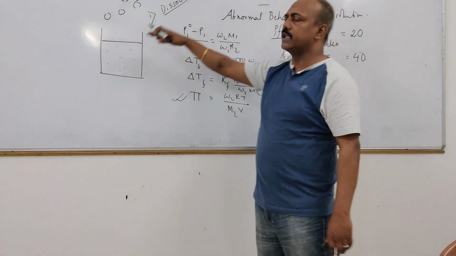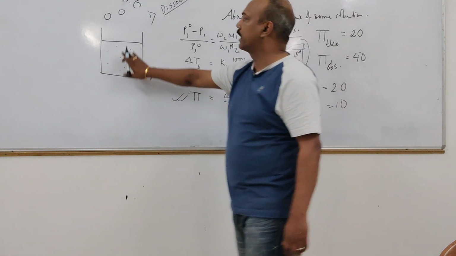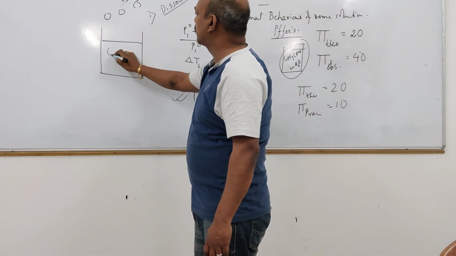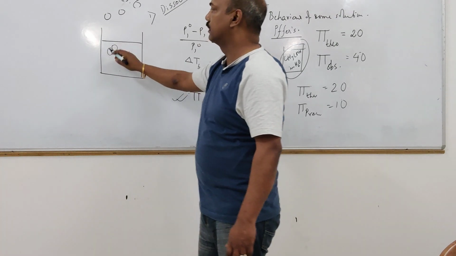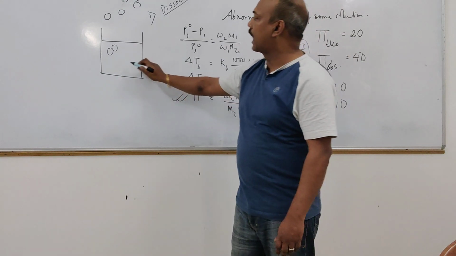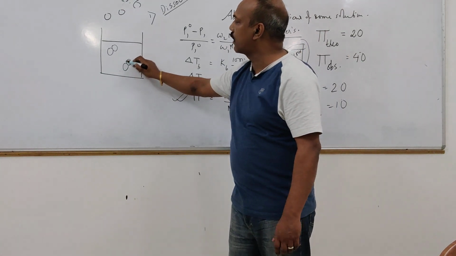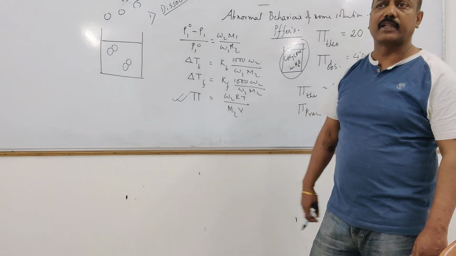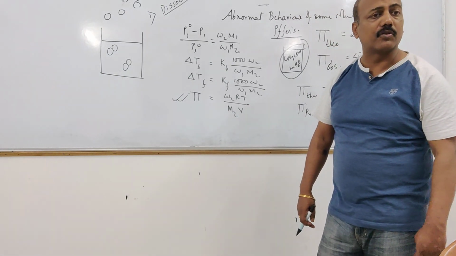But when they go into the solution, what is happening? 2 molecules are becoming 1 particle, sitting as 1 particle. Another 2 molecules are sitting as 1 particle. So how many particles are there in actual practice? In actual practice, there are 2 particles, not 4.